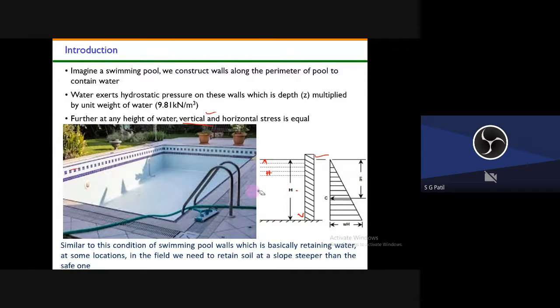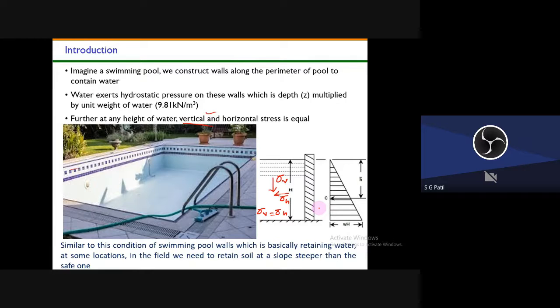Okay, so this is about the swimming pool. What we take away from this slide is that your vertical stress and horizontal stress are equal: sigma V is equal to sigma H. But this condition will not hold good for soils, because soil is a granular material.